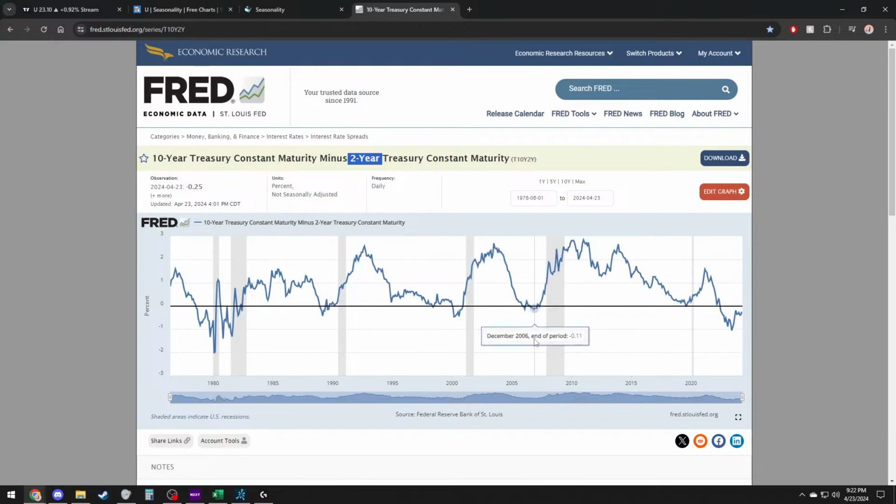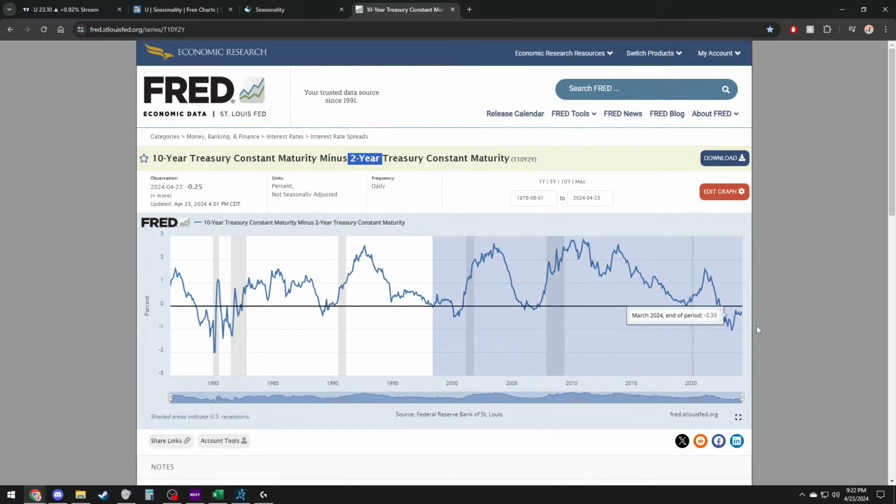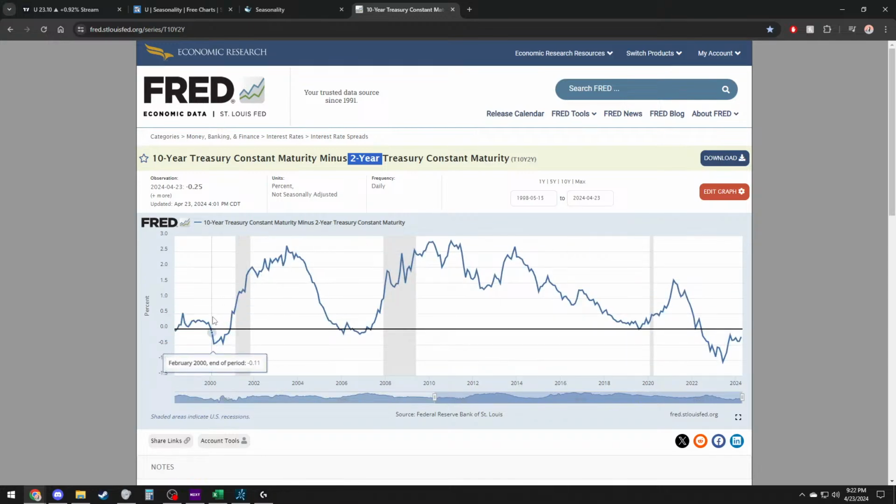You can see back in 2008, we have the dot-com bubble and the financial crisis. As soon as the yield curve inverts, or basically the 2-year interest rate is higher than the 10-year, that's basically all I'm saying.